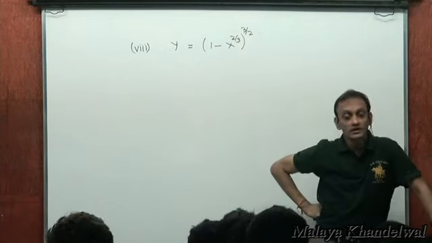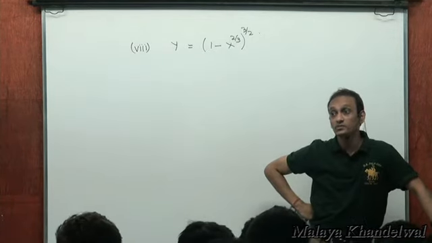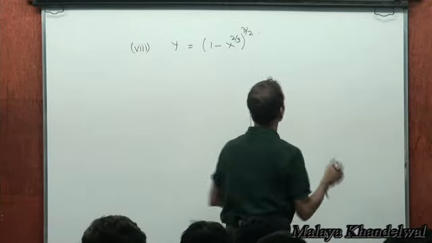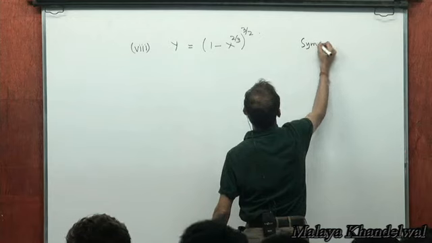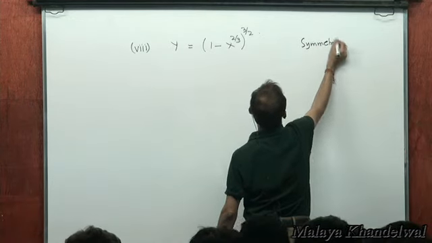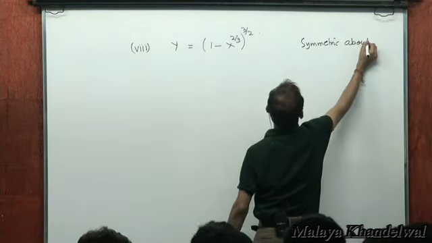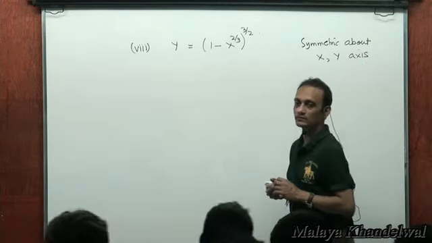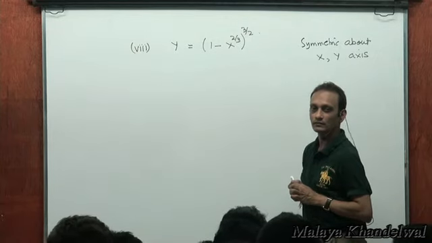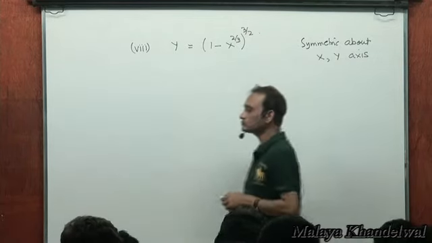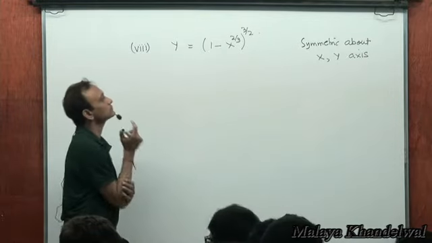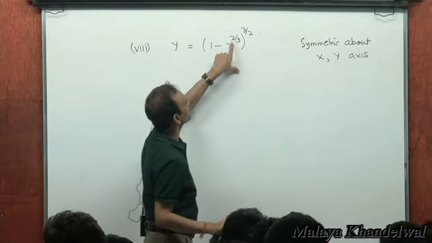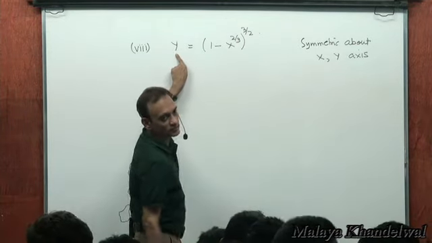So symmetric about the x-axis also. It's symmetric about both axes, x-axis and y-axis, right? I hope you realize why I said this. Because when you square, you get y squared is 1 minus x to power 2 by 3 whole cube. So even powers of y.